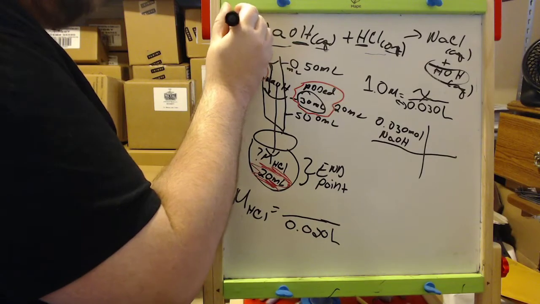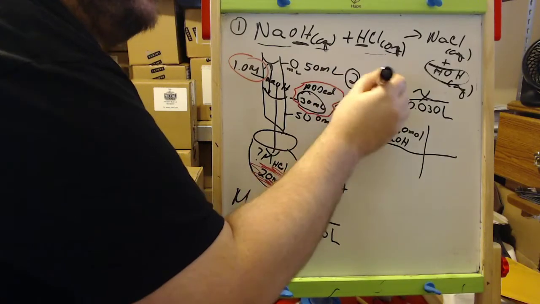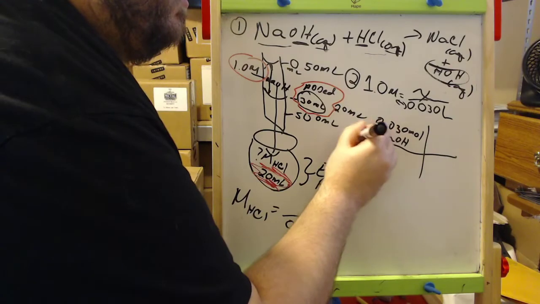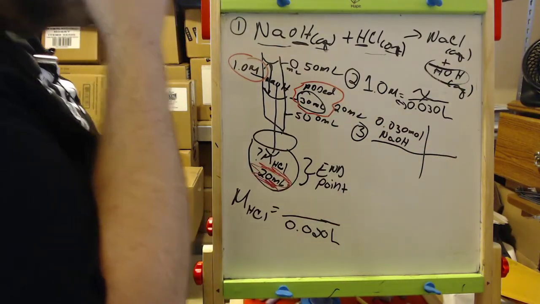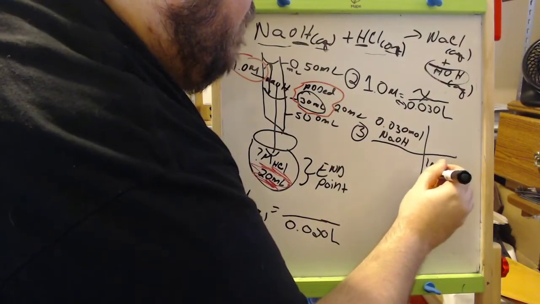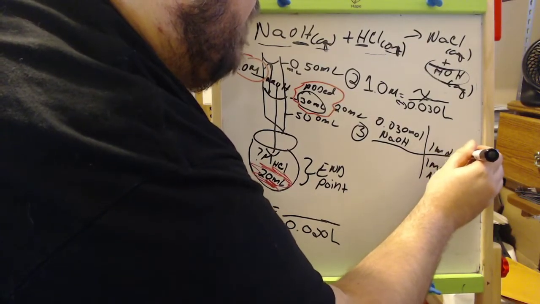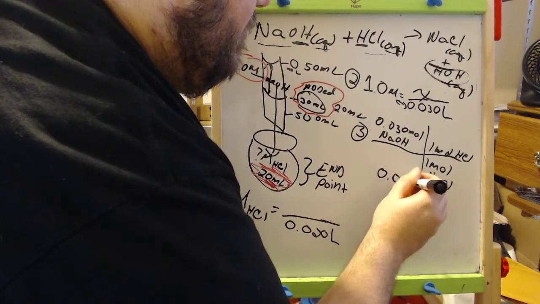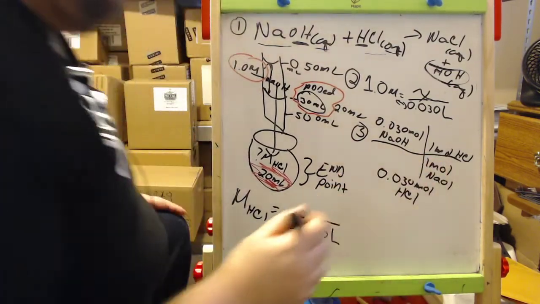So step 1, write out an equation. Step 2, find your moles of NaOH. Step 3, convert your base to the acid moles. So my relationship's 1-to-1. For every 1 mole of NaOH, it reacts with 1 mole of HCl. So that means that there must have been this many moles of HCl sitting in the container.